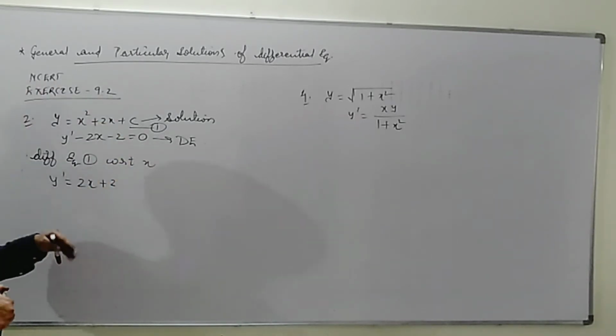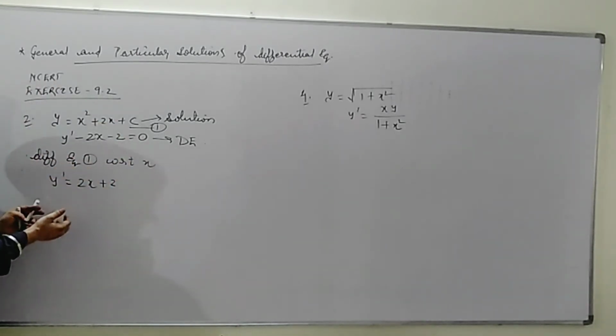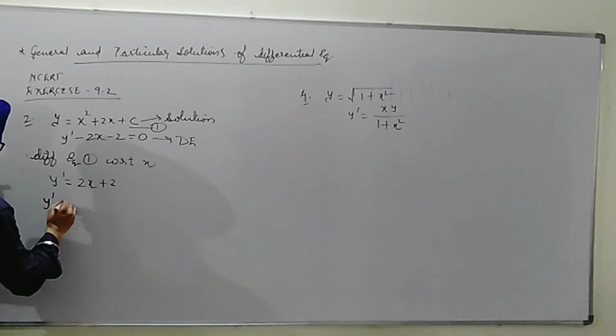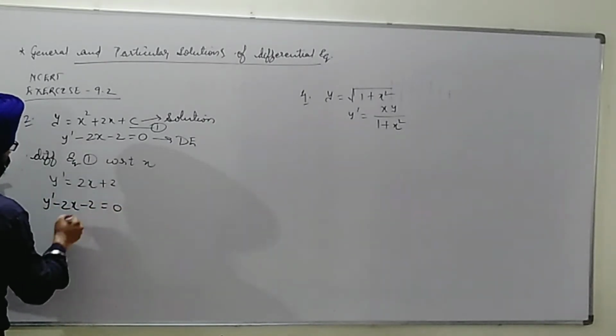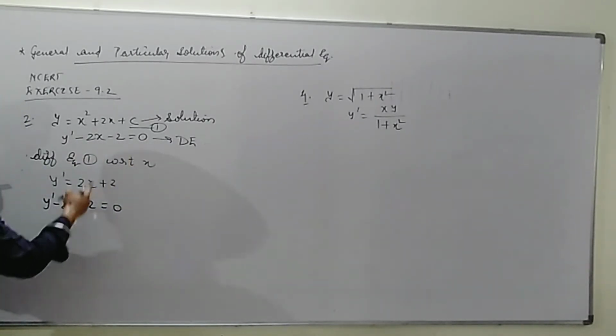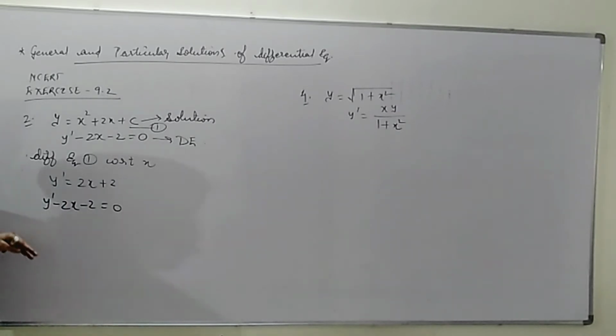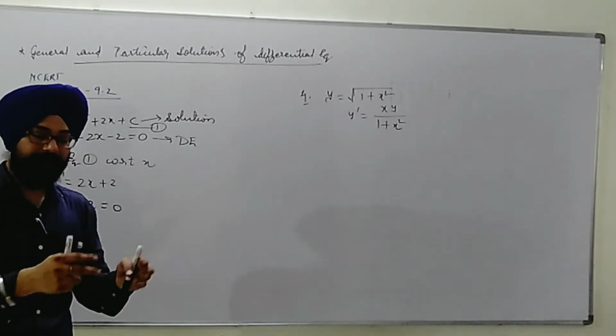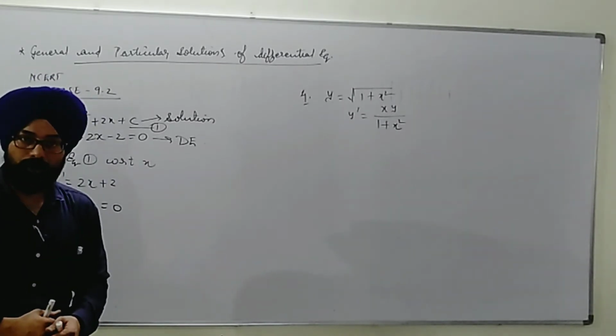Unlike the first question, here we can directly deduce from this equation, or you can check if I shift these two terms to the left hand side, y dash minus 2x minus 2 becomes 0 and we get this differential equation. Okay, here no need to take LHS, that also can be done, but this method also can be used. This is the second method we use to check whether the given equation is a solution of the differential equation.